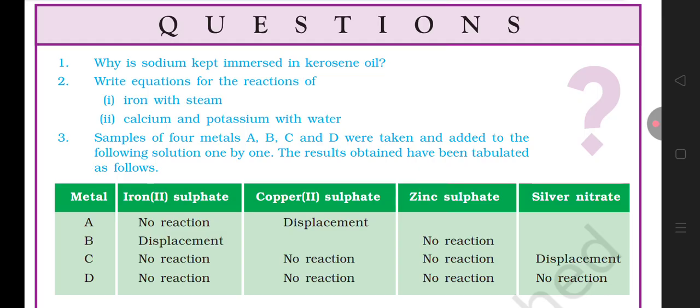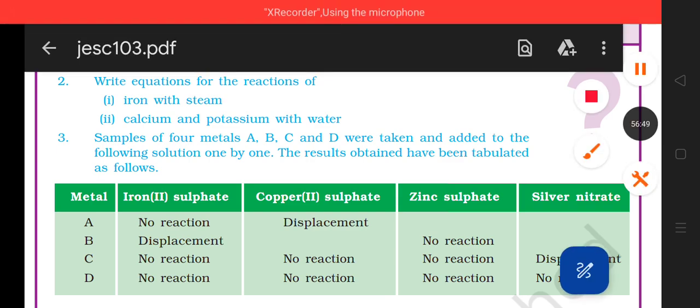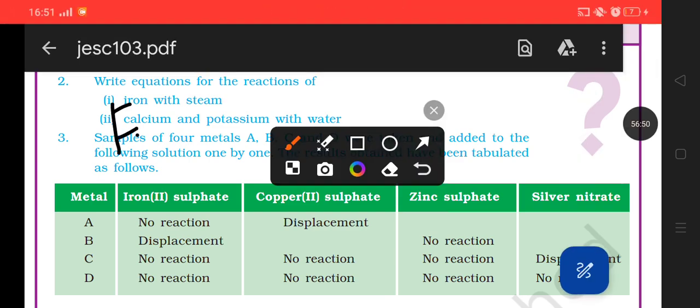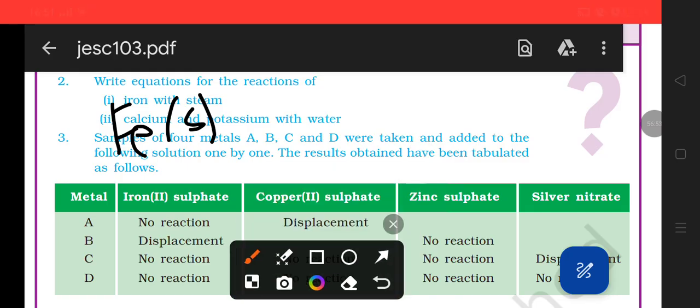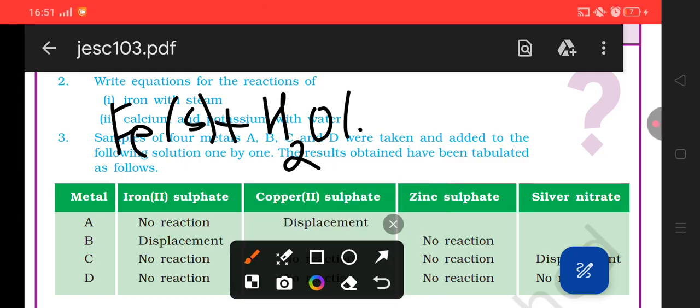Next is write the equations for the following reactions. Iron with steam. So iron with steam, how will you write? See, writing reactions in chemistry is the easiest part, I feel. Okay. So H2O, it's not in liquid state, it's gaseous because it's talking about heat.